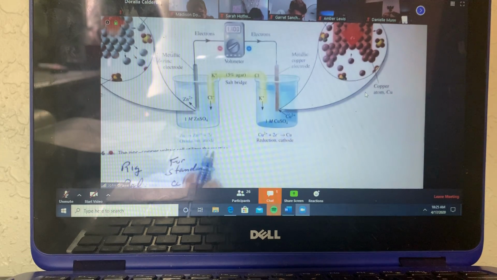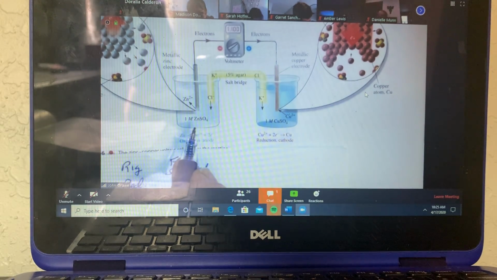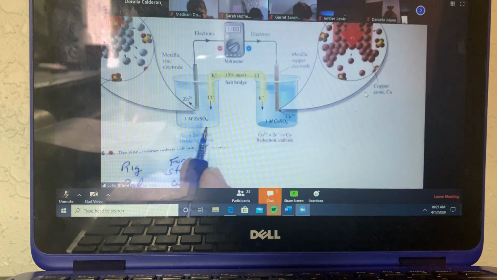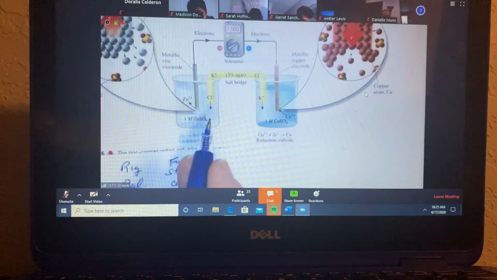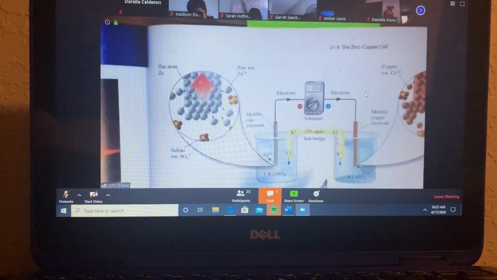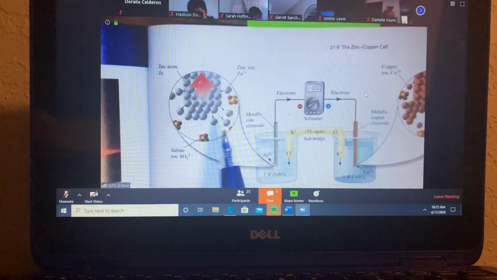Well, what's going to happen is the metal itself is going to then give up 2 electrons and form ions. So here's an exploded diagram.